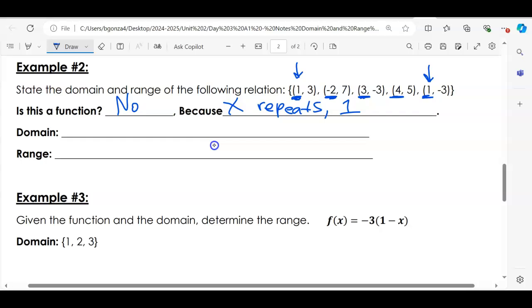Whew. All right. Domain. What do I have to start with? Rule number 1. Bracket. Okay? Put a bracket. Now we got to put the X's in order without repeating. What's the smallest X you see here? -2.